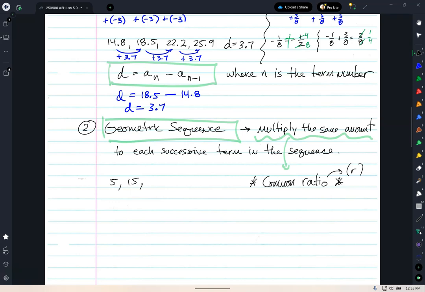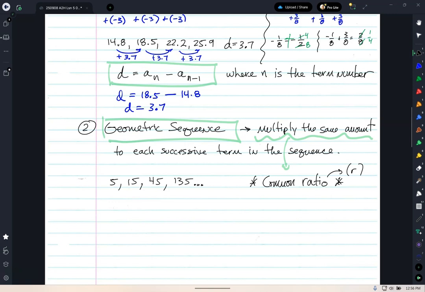5, 15, 45, 135. Do you notice any kind of mathematical pattern? Okay, how about an adding pattern? Is there an adding pattern here? Well, to get from 5 to 15, you would have to add 10, right?